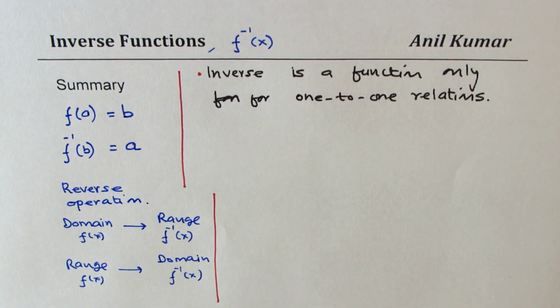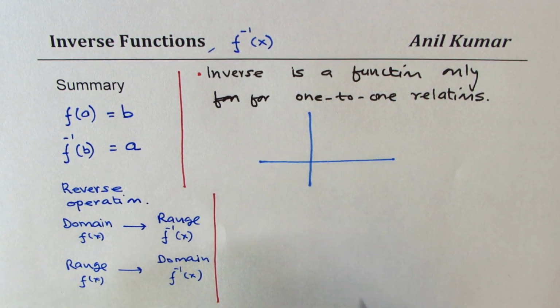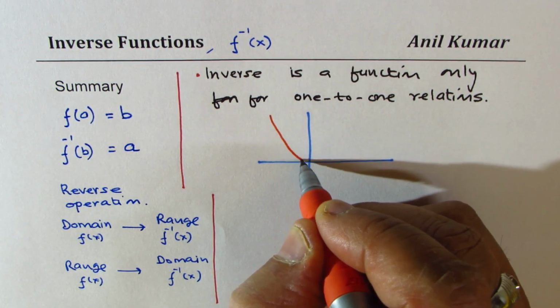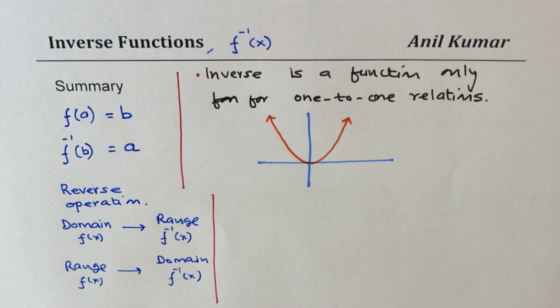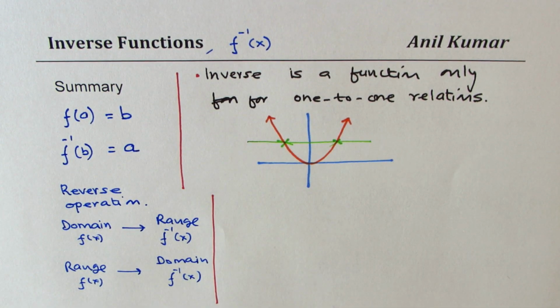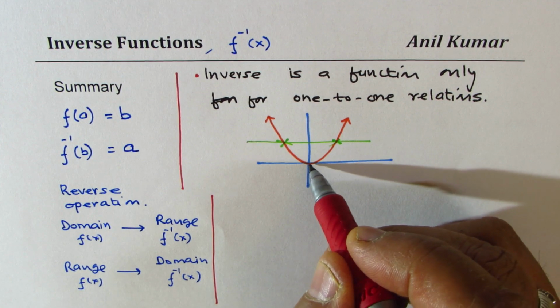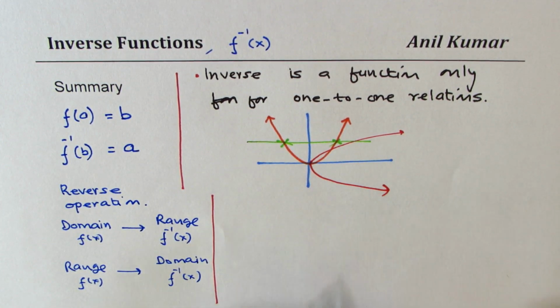that we saw that in case of a parabola, which could be sketched as shown here, this parabola fails horizontal line test, and therefore the inverse of this function, which is plus minus square root x, fails vertical line test.